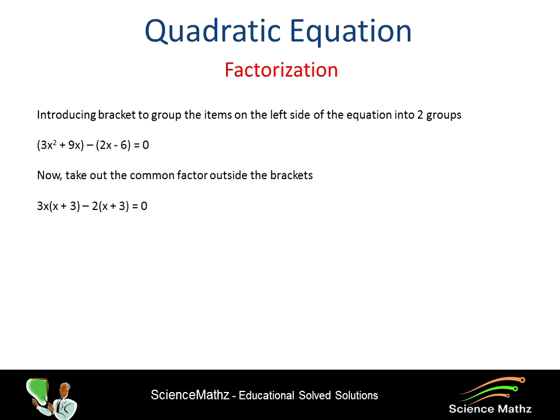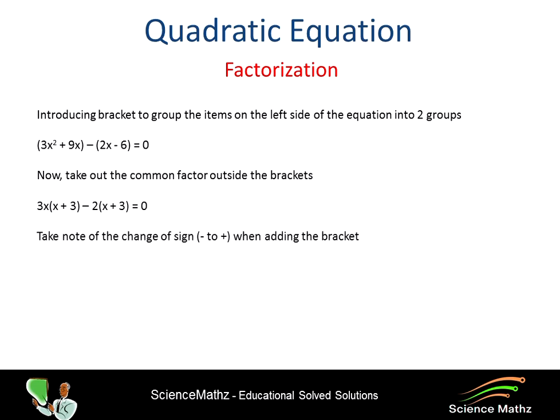2. You bring out 2, and we are left with x plus 3, because if you use minus 2 to multiply x, you have minus 2x. Use minus 2 to multiply plus 3, you are going to have minus 6, because minus times plus will give you minus, and 2 times 3 will give you 6.